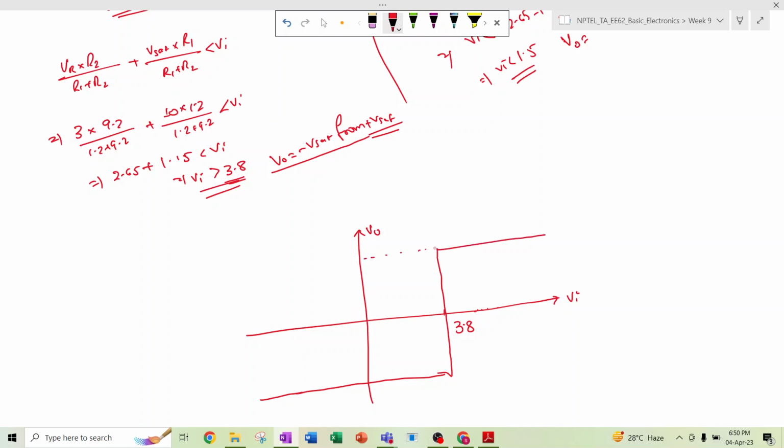Suppose this is plus Vsat, that is plus 10 volt, and this is minus Vsat. I am giving an arrow to indicate it will go from minus Vsat to plus Vsat. Similarly this is 1.5.